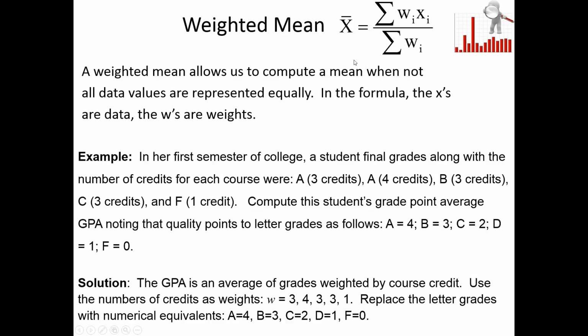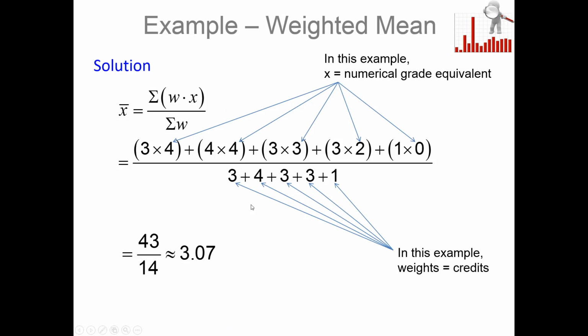So to compute the weighted mean here, the letter grades are replaced with their numerical equivalents, and then to do this calculation, we're going to have the credit value times the grade in the course. So the data here are the grades in the course.